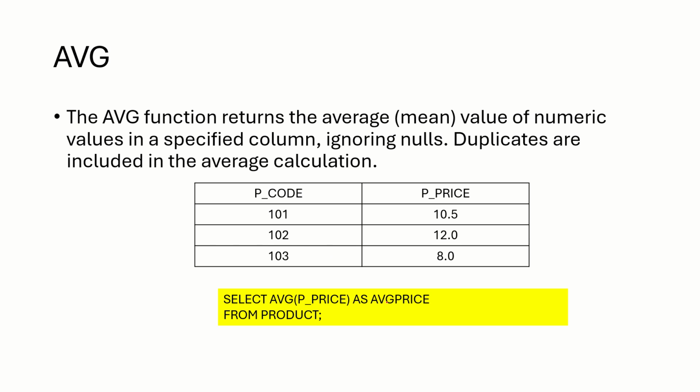Average returns the average value of a specific column. In this one, we're trying to get the average of P price. We add them and divide by 3. When you enter this code, it will give you the average value of the column P price.